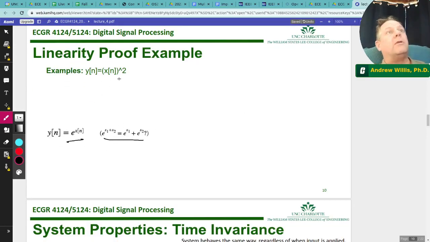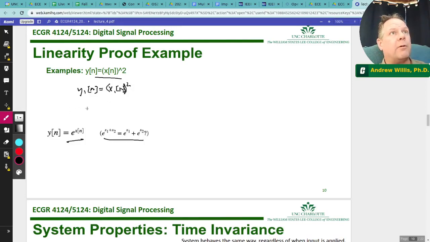But we could do this one here. y of n is x of n squared. Okay, so what's the system doing here? It's squaring the input at the given value. Well, let's see what we get. y1 of n is equal to x1 of n squared.